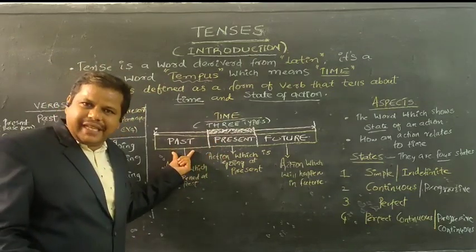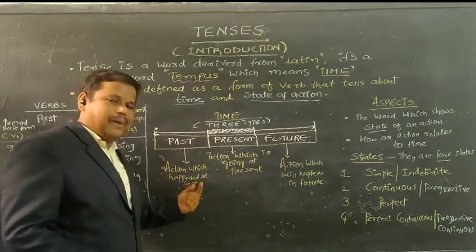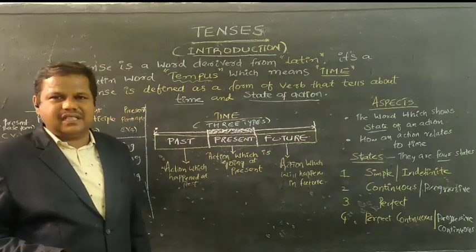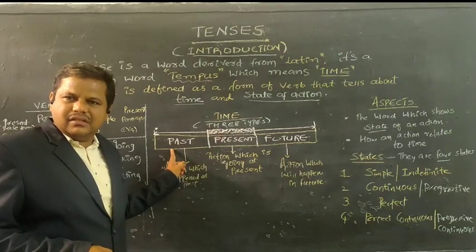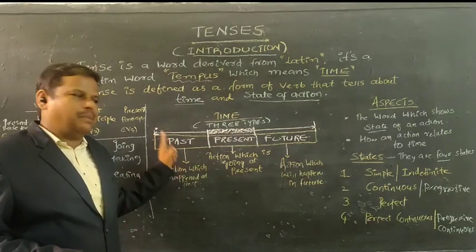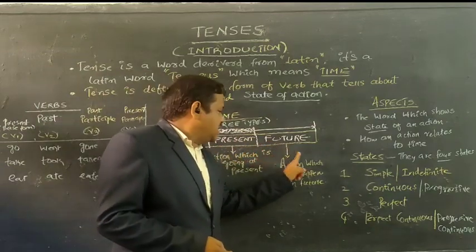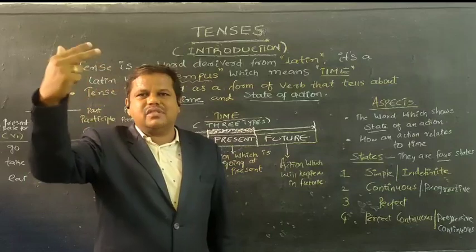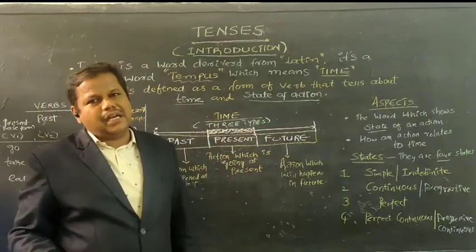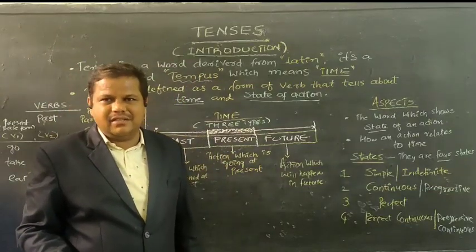Past tense indicates the actions which happened in the past. Those are the sentences which come under past tense. The actions which happen in future, we are predicting the actions which are going to happen in future. They are called future tense actions.